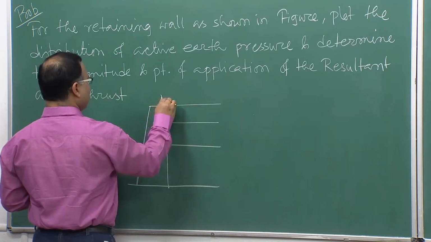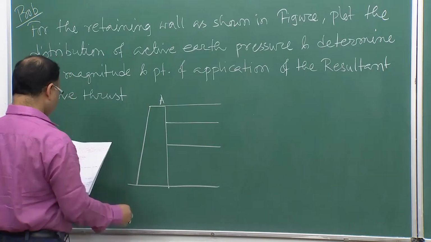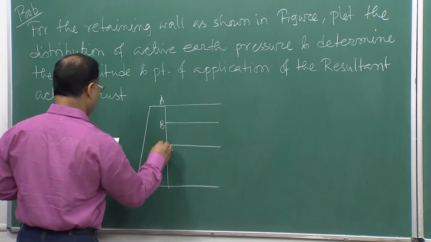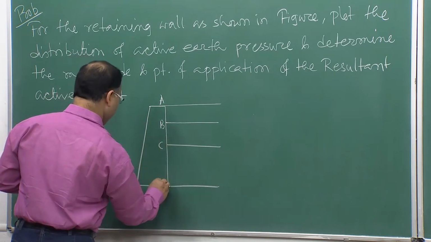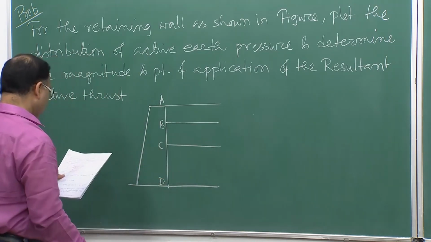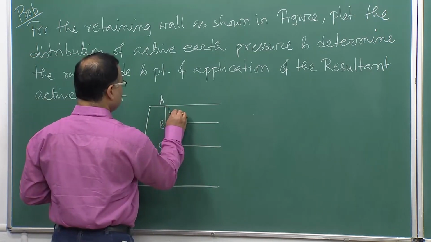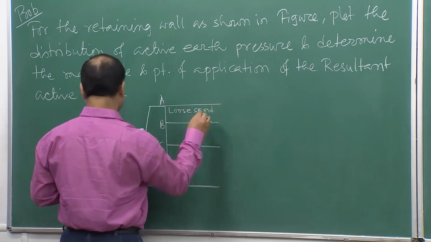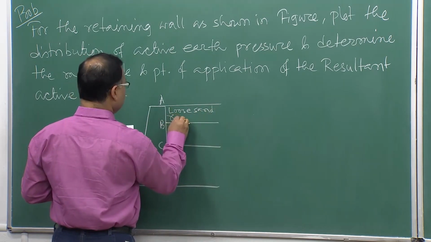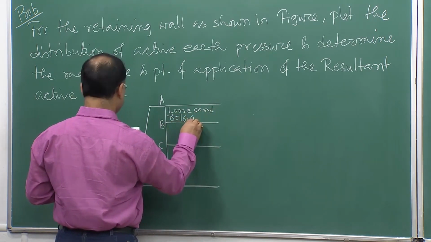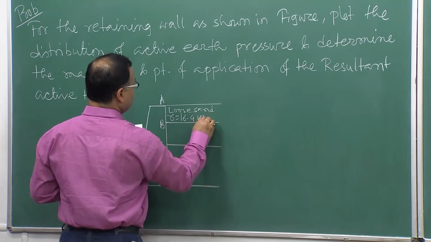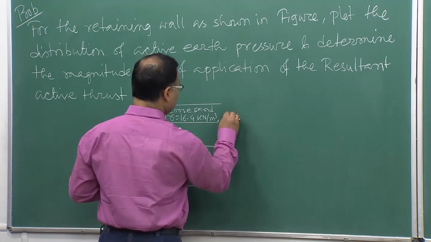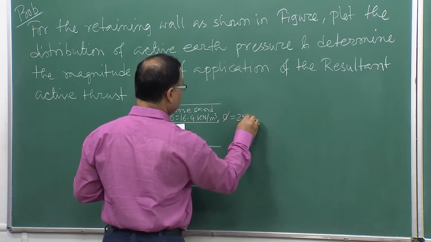This is your point A, this is the retaining wall. Okay. You have 3 layers of soil, this is point B, this is point C, and this is point D. Okay. This is your loose sand, gamma equal to 16.4 kilonewton per meter cube and phi equal to 25 degree.